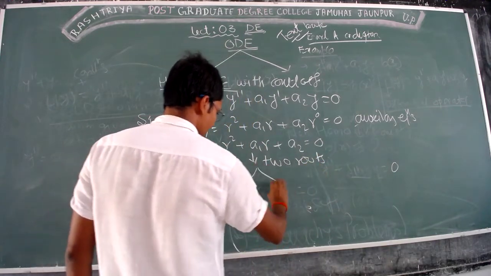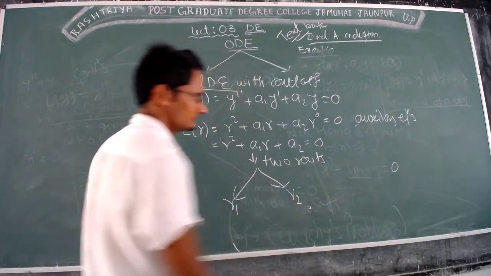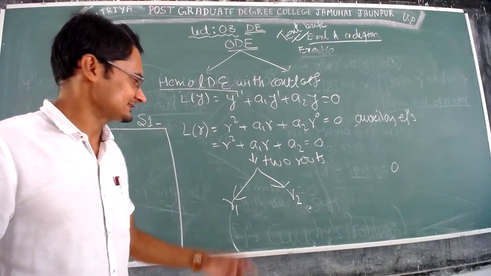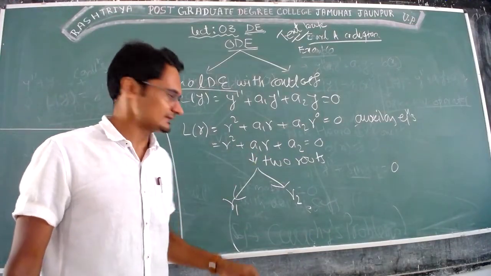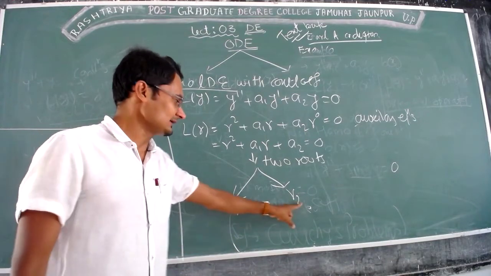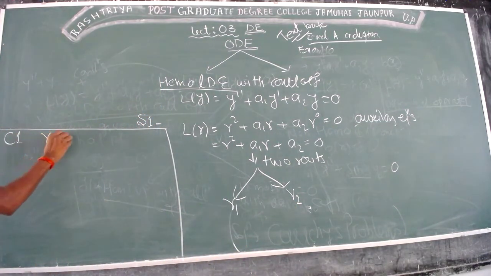What are the roots? I say r1 and r2. There will be many cases. This is a quadratic equation; if we solve it, we will get two roots, r1 and r2. Case number 1: r1 and r2 are different, not the same.